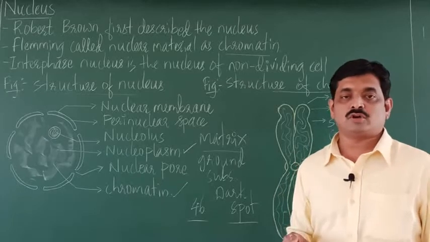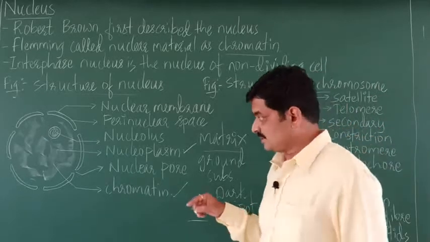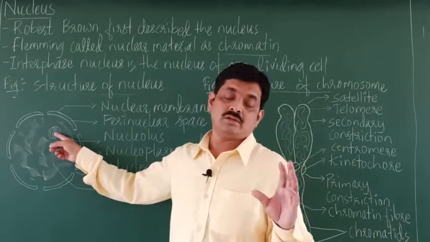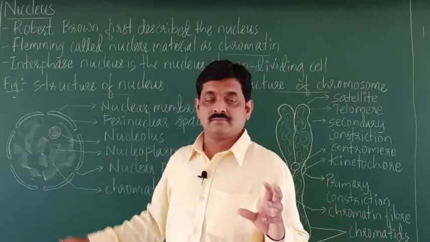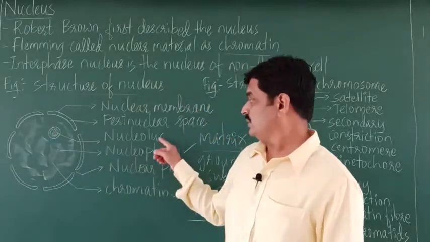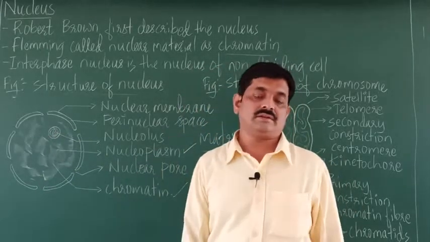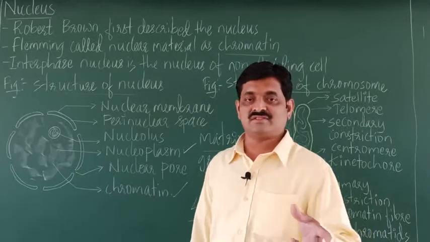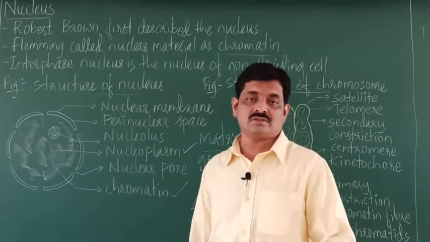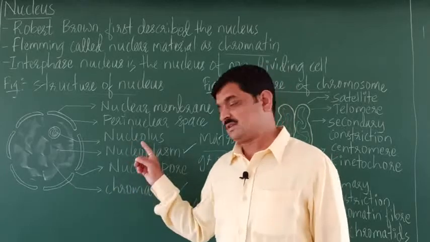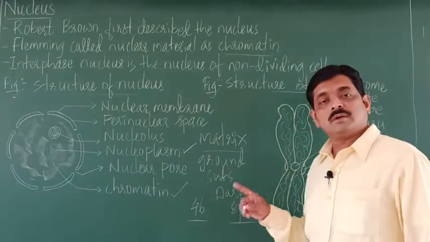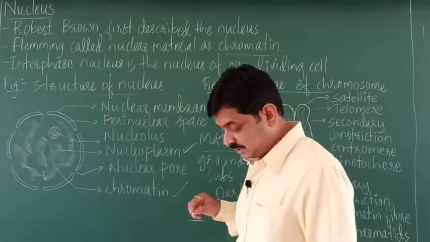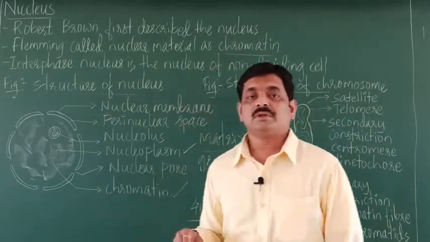This dark spot that you find in the nucleus, or nucleoplasm, is called the nucleolus. So there is a difference between nucleus and nucleolus. The nucleolus is the dark spot present in the nucleoplasm.